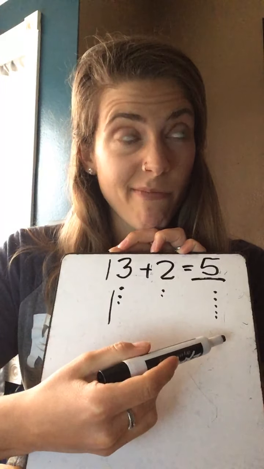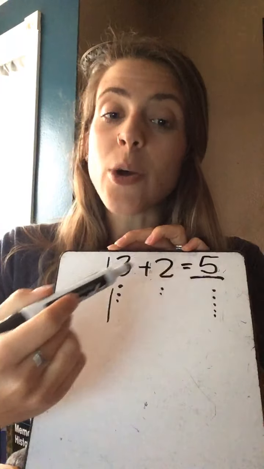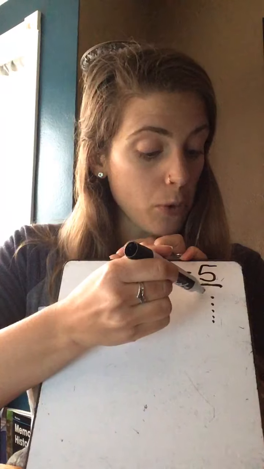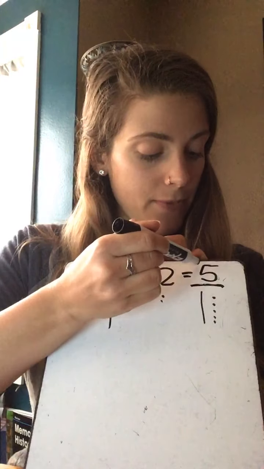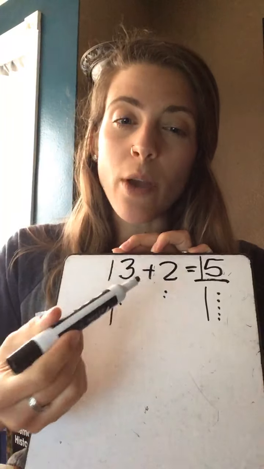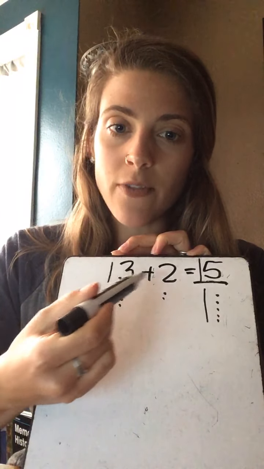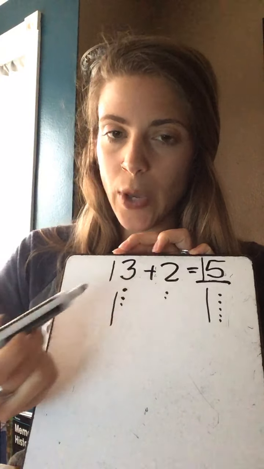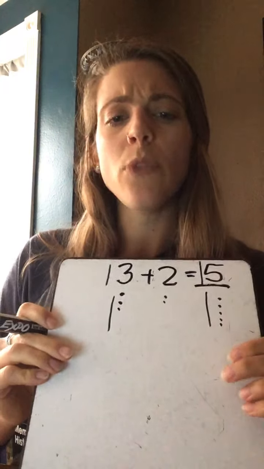Is the answer still 5? No. So I had 3 plus 2 was 5. Now 13 plus 2, well, we just add our 10. So it would be 15. Okay, so we're solving these ones place first and then adding a 10, changing the tens place.